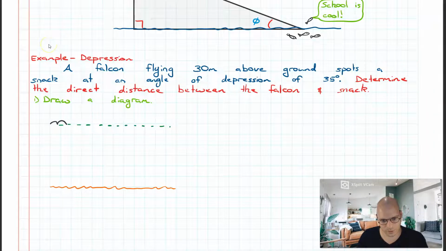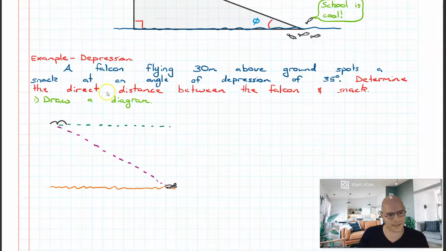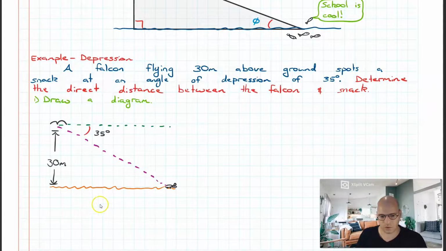Now down on the ground we have some sort of animal, and the bird has spotted its food at an angle of depression of 35 degrees, remembering that we're 30 meters high. So we've created an illustration to help us unpack the situation described.